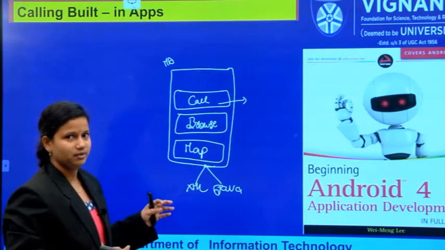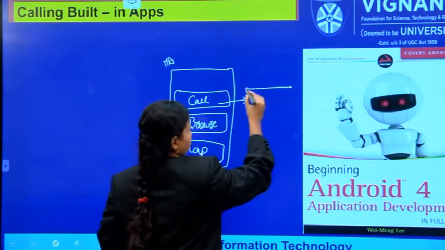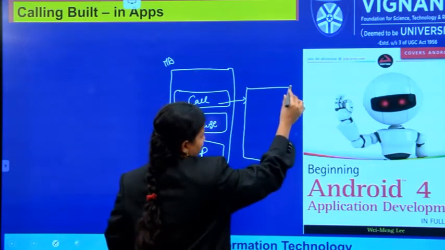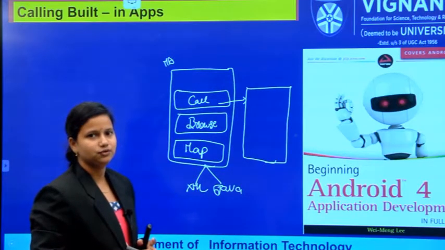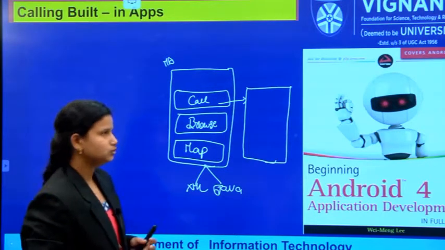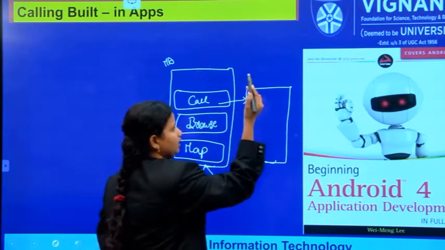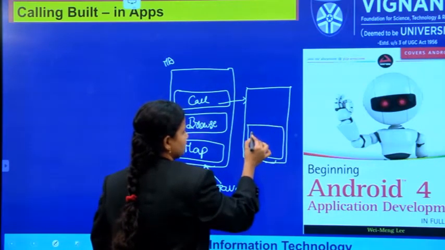that means you click on call, it opens another activity, which is presented in the already built-in applications of your phone. So whenever I press call, it opens your phone application.